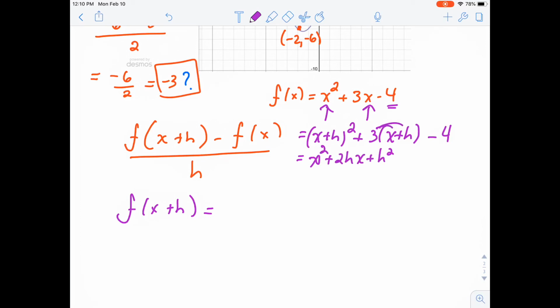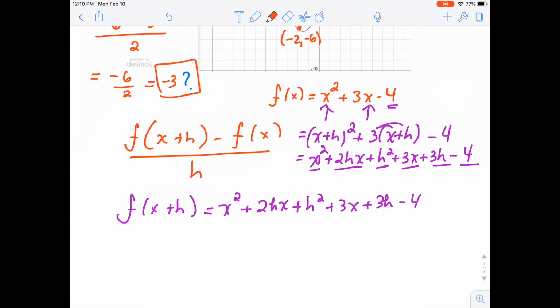Doing the same for our 3x plus 3h, and then keep that minus 4. Look to see if you've got any like terms: x squared, 2hx, h squared, 3x, 3h, and negative 4. I don't see any, so we'll leave that alone. So there is our f of x plus h expression.